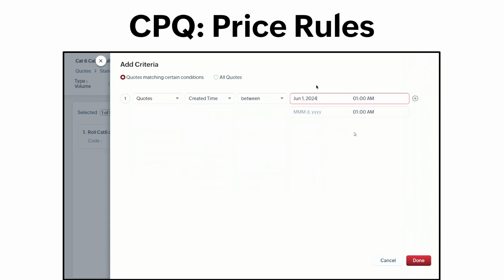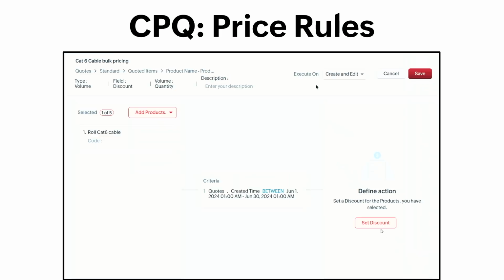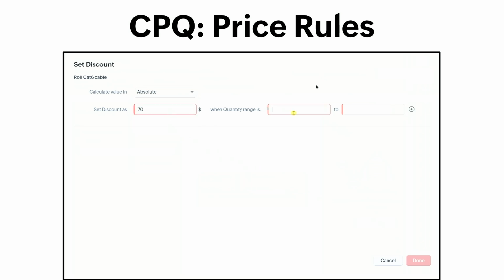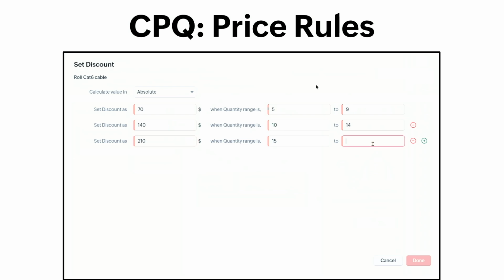Specifically, if this item is added to a quote between the dates of June 1st and June 30th, then we want to calculate a discount. The discount is $70 when the quantity range is between 5 and 9. We can set another rule. The discount is $140 whenever the quantity is between 10 and 14. And then finally, $210 when the quantity range is between 15 and 20.